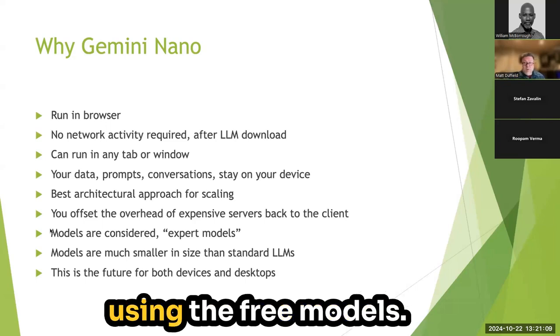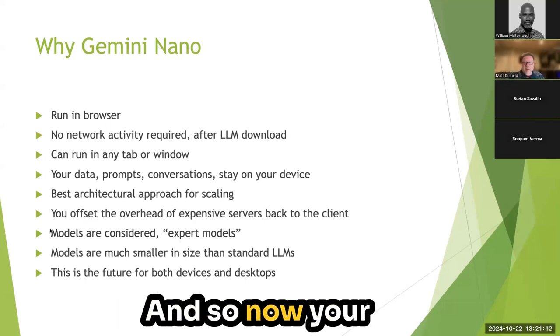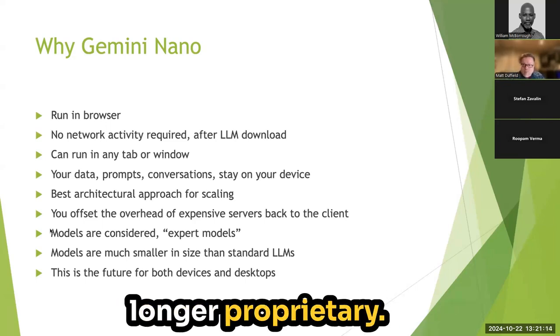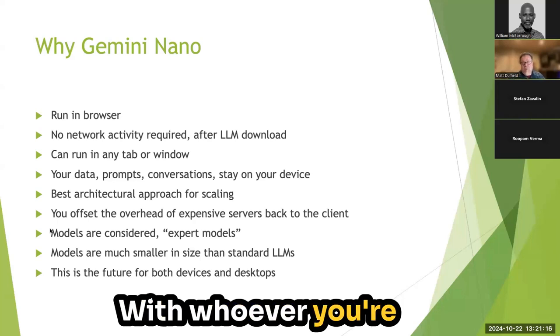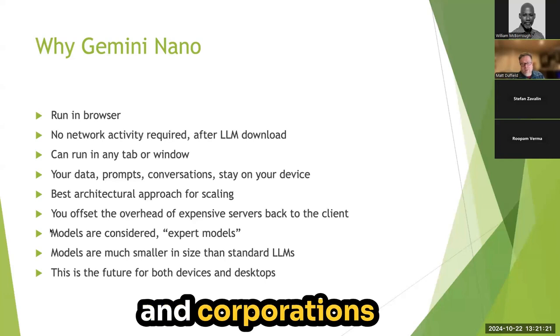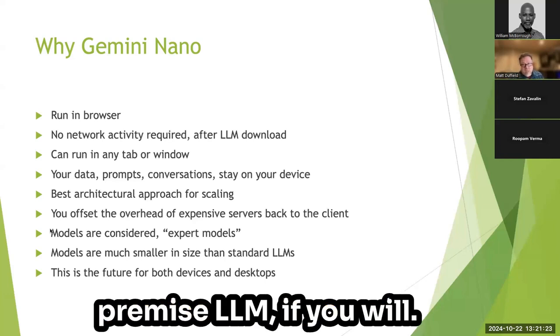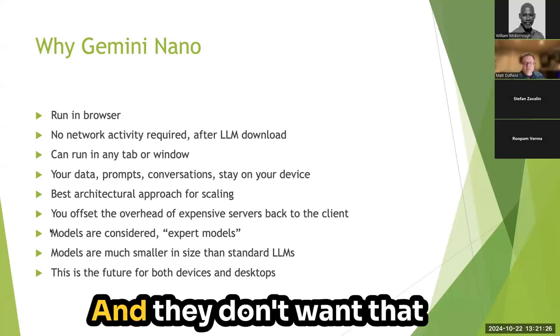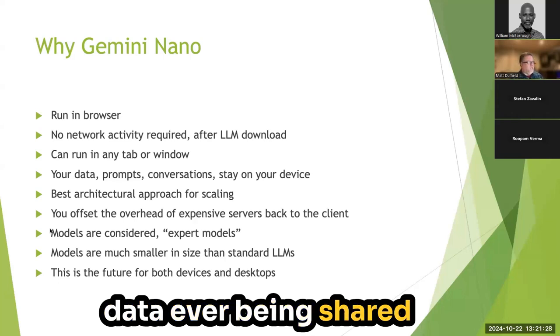Most of them are if you're using the free models. And so now your proprietary data is no longer proprietary. It's now being shared with whoever you're using. That's a big negative aspect to it. And a lot of companies and corporations do not want that. They want their own on-premise LLM, if you will, and they don't want that data ever being shared.